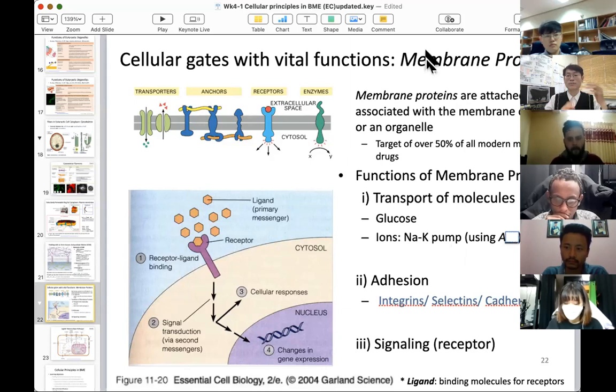This pump works against the gradient to keep homeostasis. This requires external energy because this is not simple diffusion; it moves these ions against their original concentration gradient, so it requires energy, and that energy usually comes from ATP. So they use ATP in this specific type of pump.